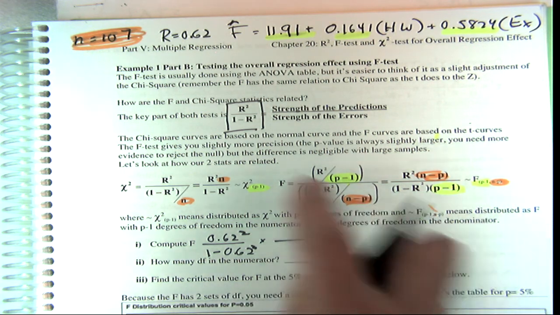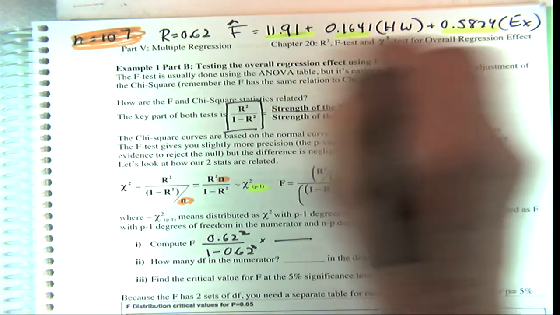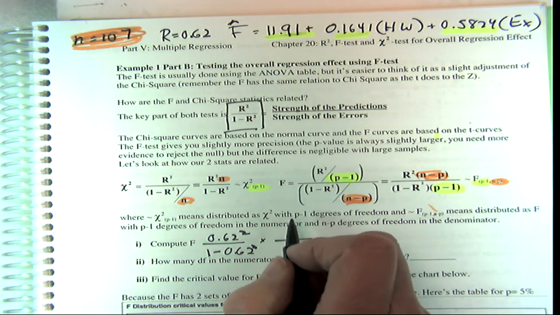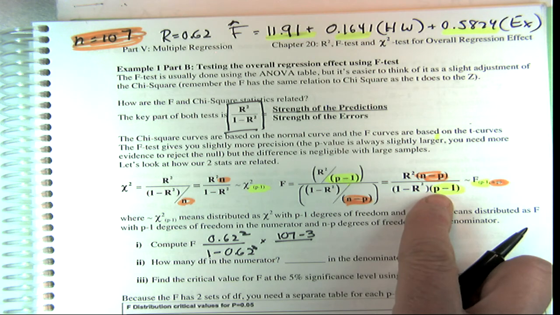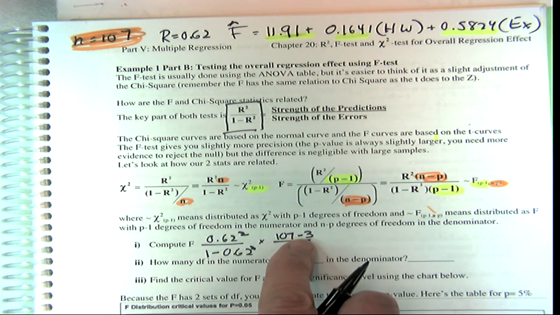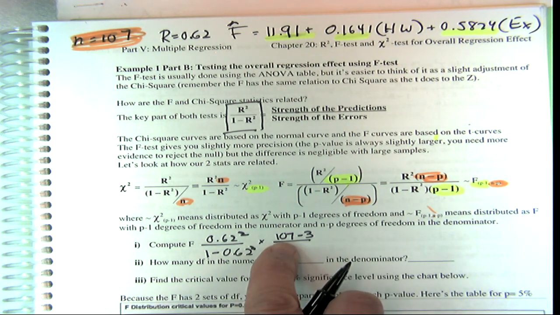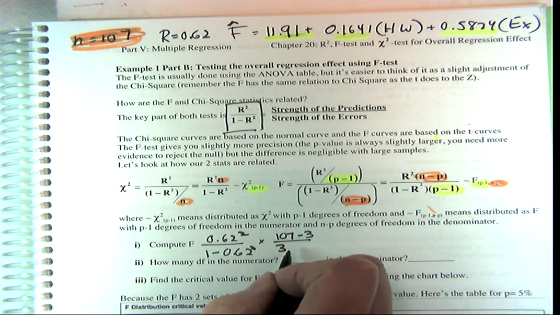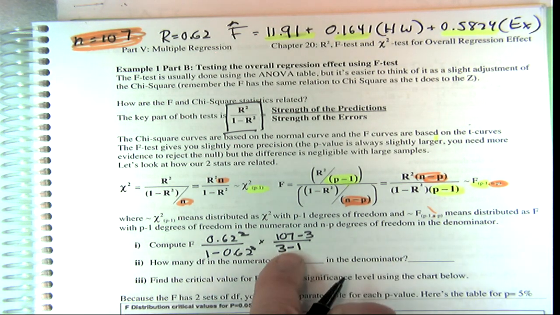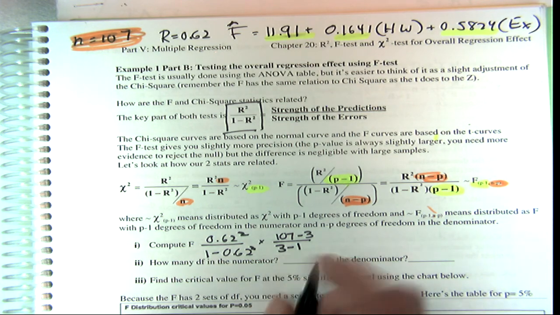There's 3 parameters, right? The parameters up here, 1, 2, 3. So it's going to be 107 minus 3. That would be just a slight tweak that would make F a tiny bit smaller, just like the t is a tiny bit smaller than the z. But then we do this other big tweak, and we divide by the number of parameters minus 1, the degrees of freedom.